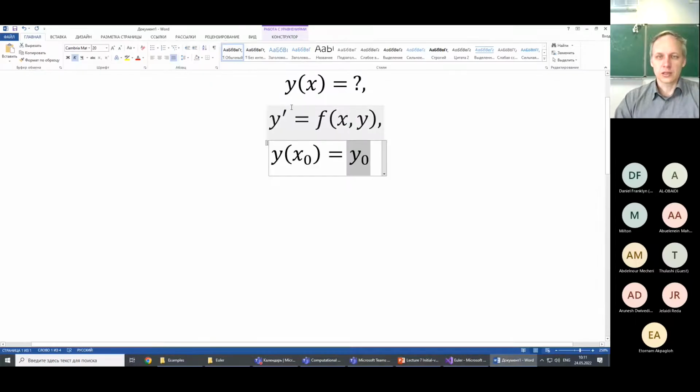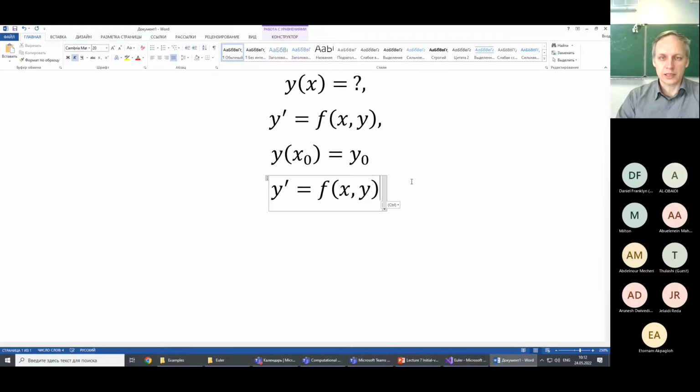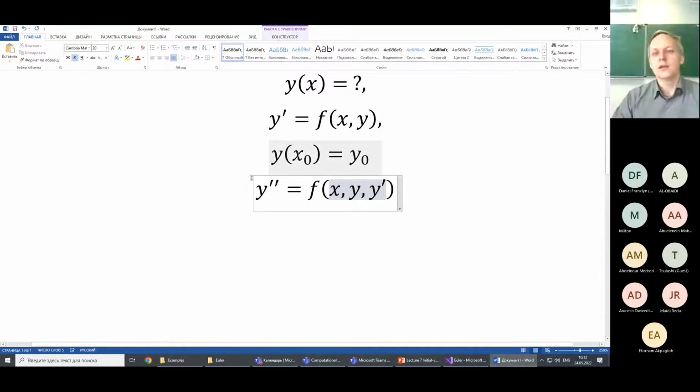One feature I can tell you is that this equation is called the first order equation, but in some cases we can consider the so-called second order differential equation, where we know the second derivative of the function y, and this second derivative equals some function of x, y, and y prime.